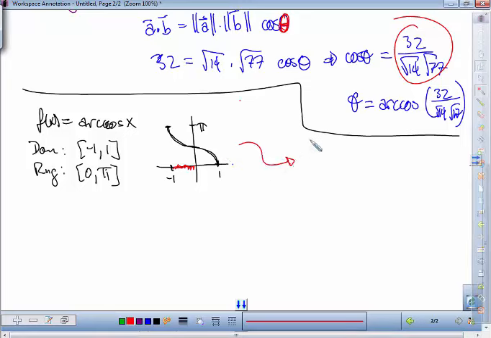Some results based on knowing about the arc cosine function: if the dot product A dot B is bigger than 0, it's a positive number, then we have an angle that's less than 90 degrees. If A dot B is less than 0, it's a negative number, then according to the graph, we're between pi over 2 and pi.